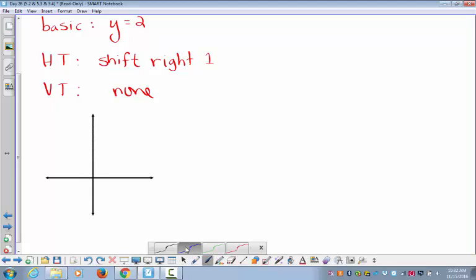And when we graph 2 to the x, we should get to the point where we can graph these without even writing the table, hopefully, for the basic functions. So there's 2 to the x. And then that's going to shift 1 unit to the right. So all these points here shift 1 unit to the right. And that's a picture of the shifted graph.